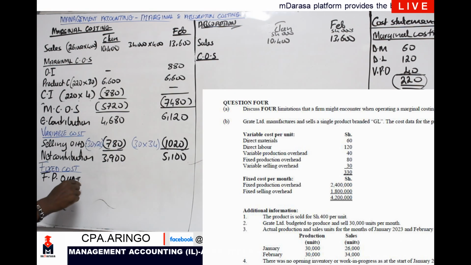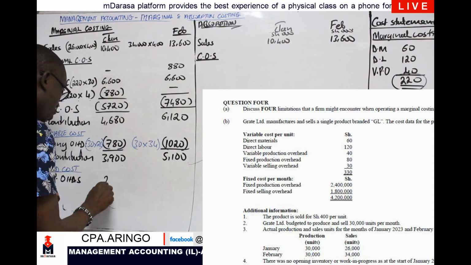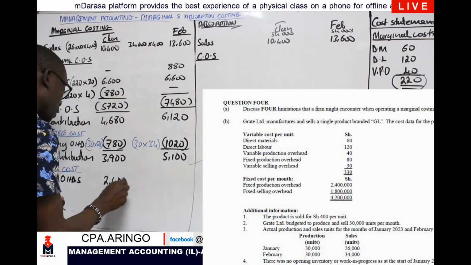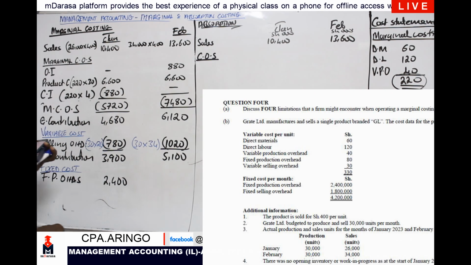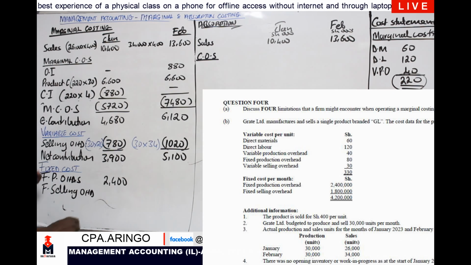How much were we given in our case? Look at that statement summary where we had fixed cost per month. Number one, fixed production overheads of 2.4. Then I'm having another one, which is fixed selling overheads, which is 1.8.